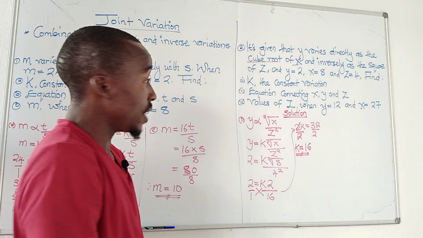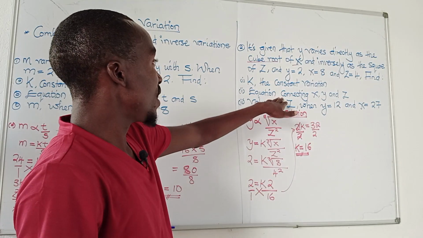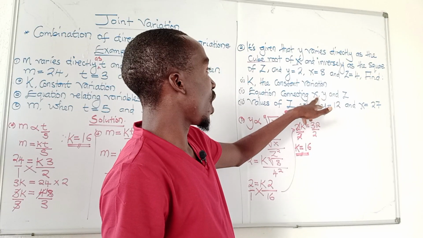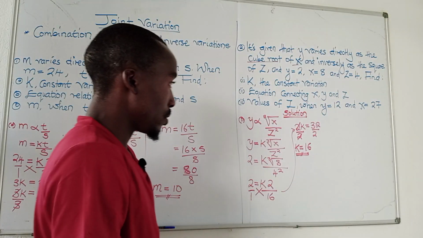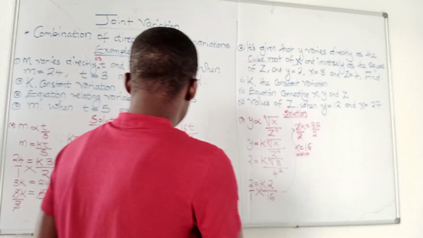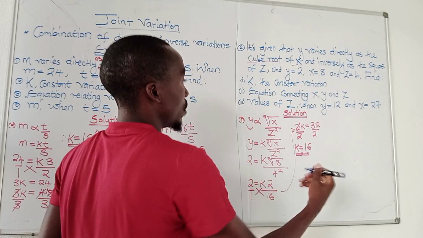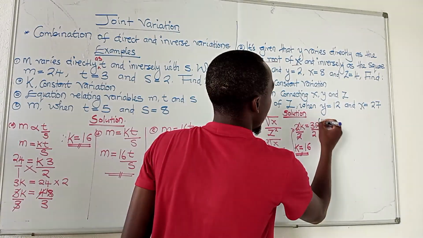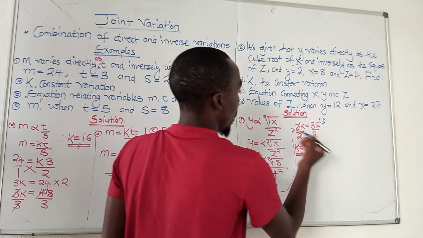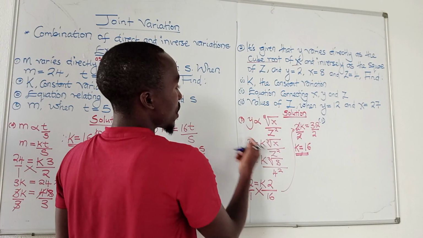Okay, we go to the next one. Find the equation connecting the variables x, y, and z. Okay, so this is very simple. So our second answer, we're going to get this equation.